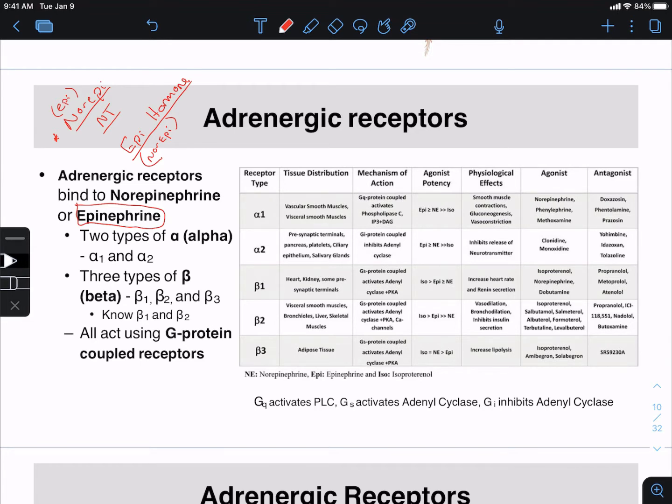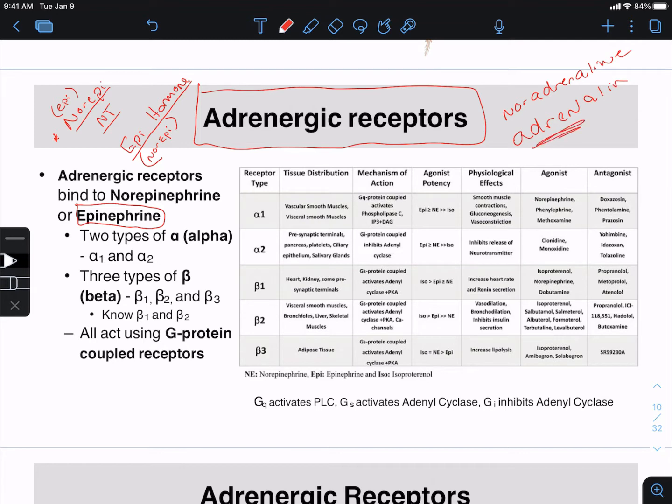There are two main classes with several subclasses of receptors that norepinephrine and epinephrine bind to. They're all called adrenergic receptors, named that because norepinephrine is also noradrenaline, and epinephrine, of course, is adrenaline.